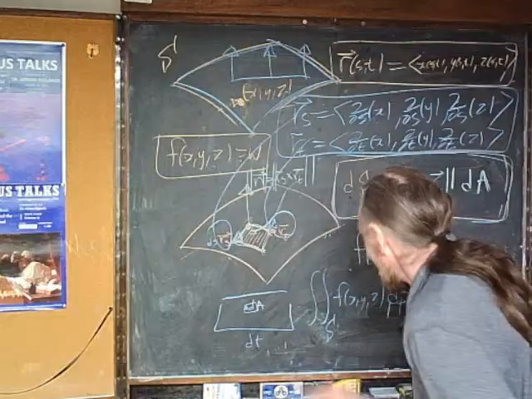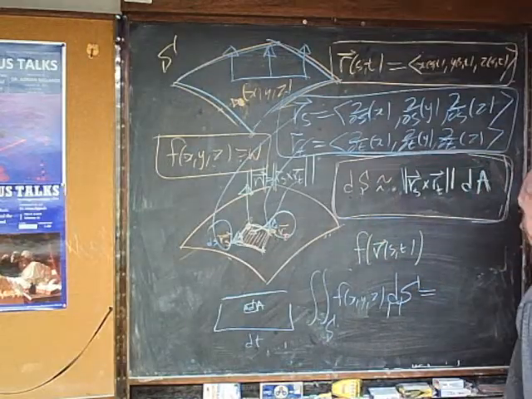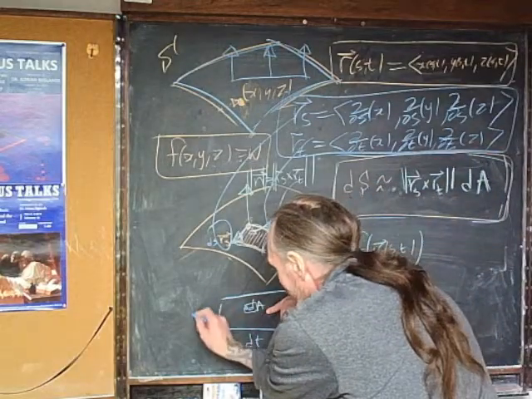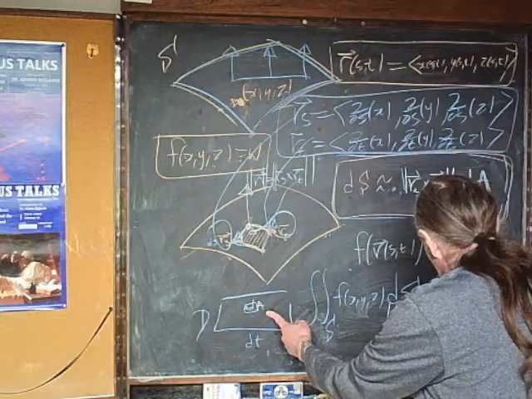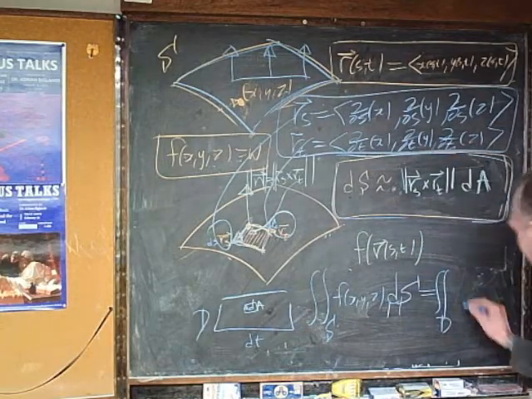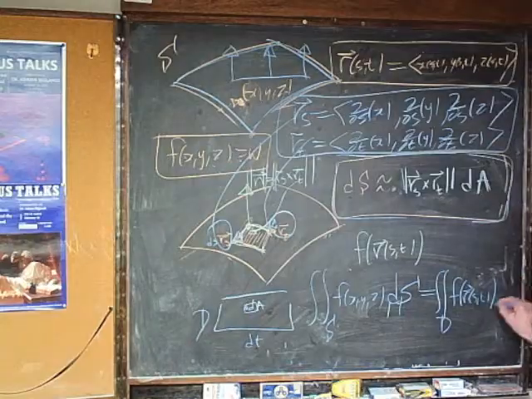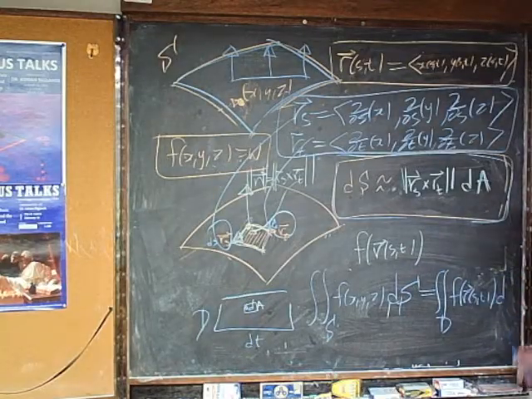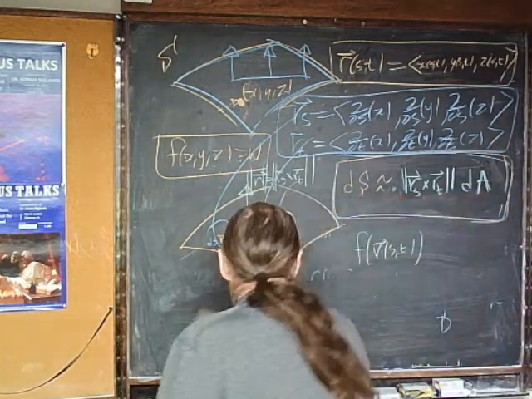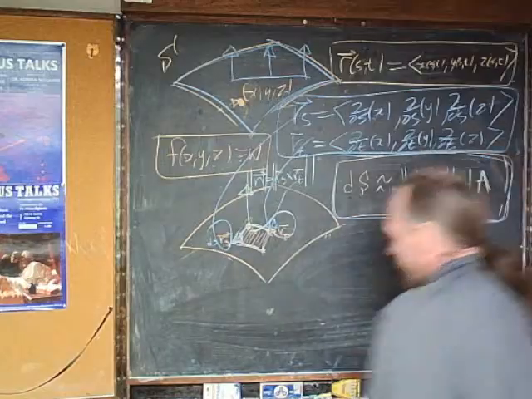This is computed as a double integral over the region D of f of r of (s,t) times, whoa, we ran out of room. Let's do it over here. Let's try it again.